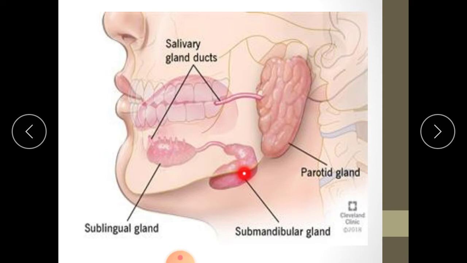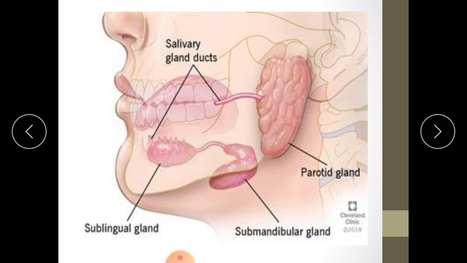Clear? So, parotid glands are present in front of each ear, just below it, on either side of the face, right? The parotid gland produces saliva and it is poured into the buccal cavity. The sublingual gland is just below the tongue, and these glands open their secretions into the buccal cavity.